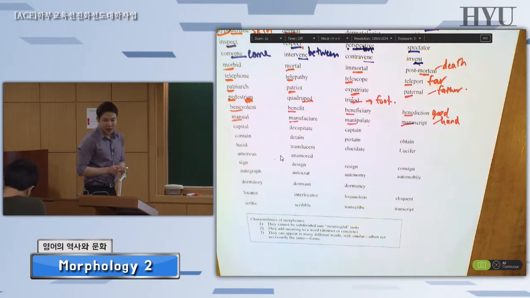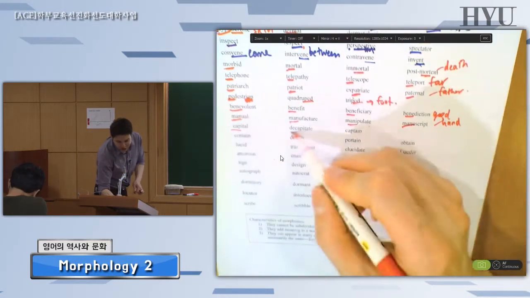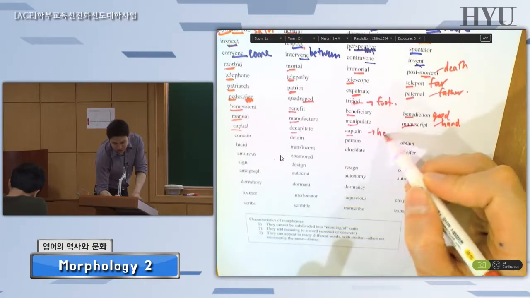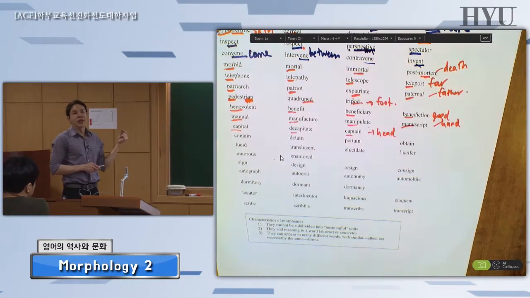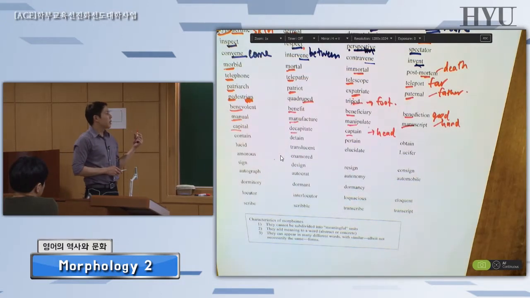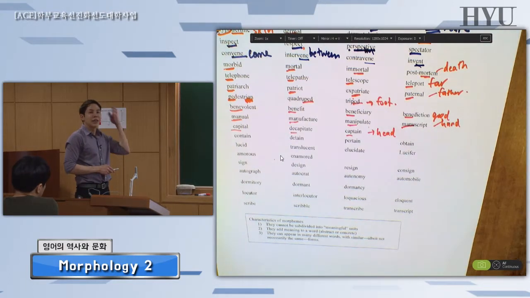Next one, you have cap, cap, cap. You see, cap is head. And in many cultures, the head is the most important thing. So you would want to call the head of the ship or the head of a plane captain, right? Because the head is the most important thing for us human beings.